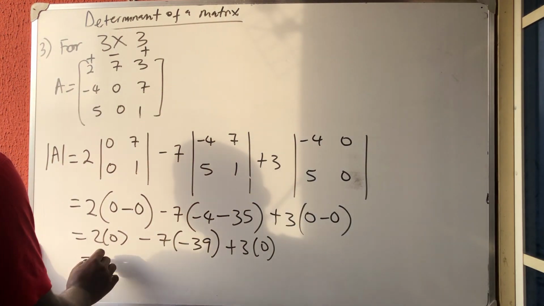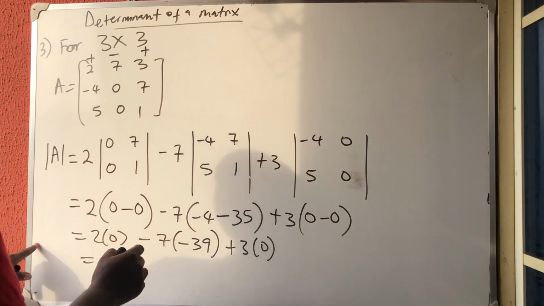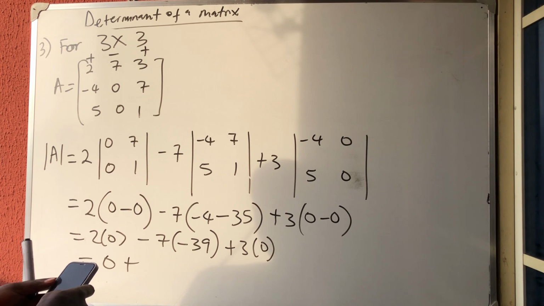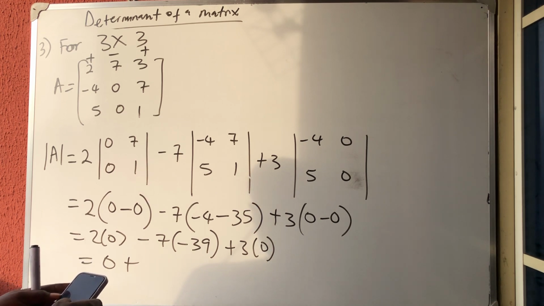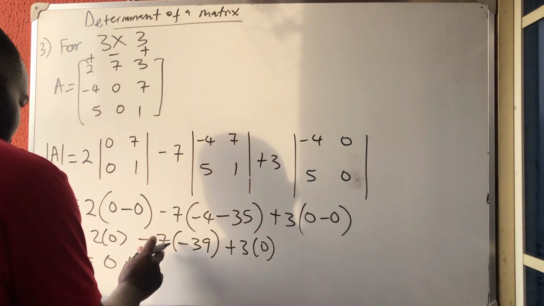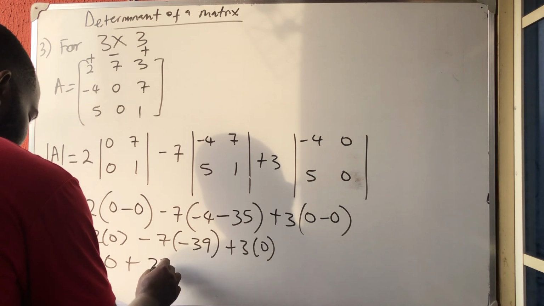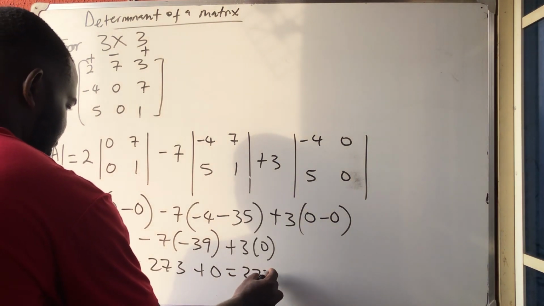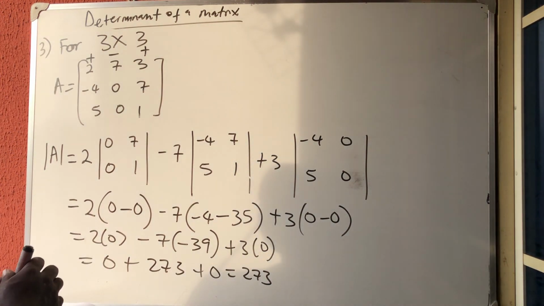Okay, so what do we have now? 0 plus 7 times 39. I hope you know why we have plus, because minus minus is plus. Then 7 times 39 will give you 273. Okay, then plus 0, which is 273 as my last answer.